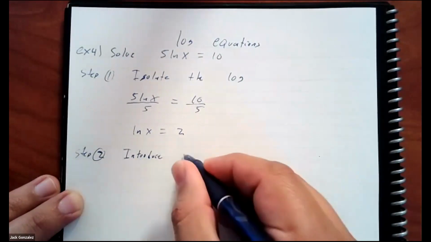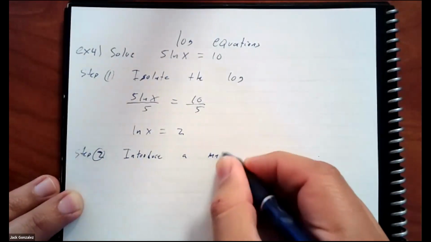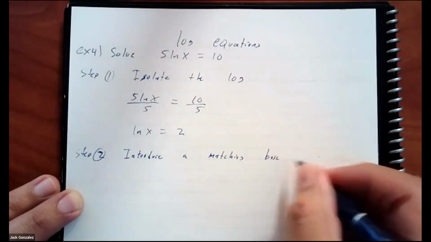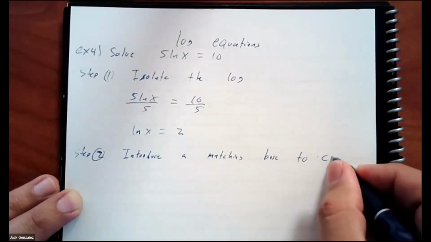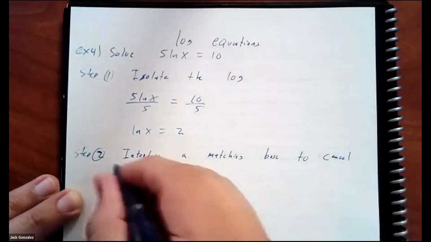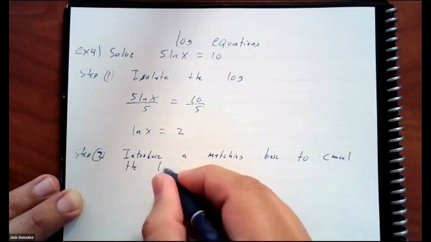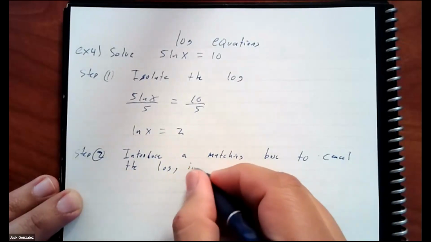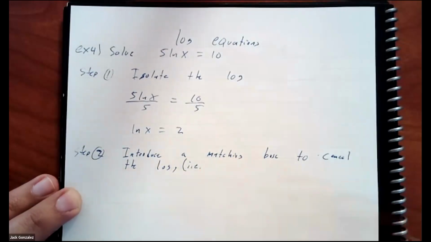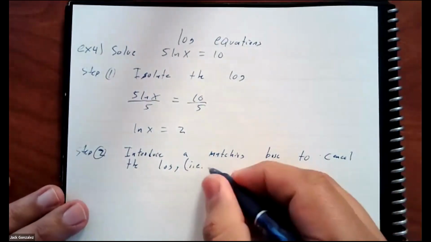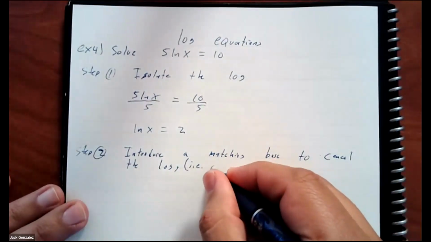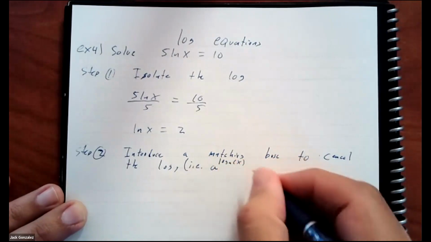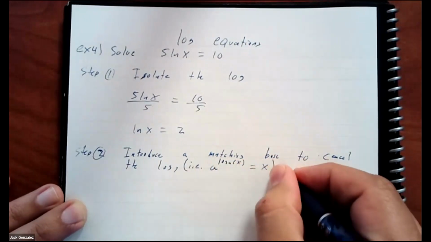Introduce a matching base to cancel the logarithm. So we're going to use this here: a to the log base a of x is equal to x.